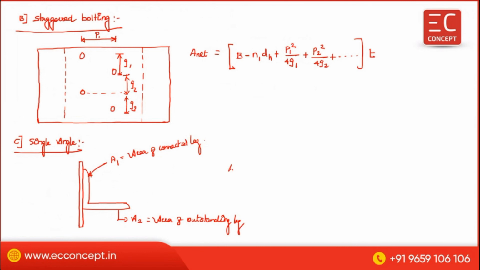So here A net is written as A1 plus K into A2. Now what is K? K is equal to 3A1 divided by 3A1 plus A2. So this is the formula that you have to keep in your mind. Very, very important. Directly they will ask you the formula in the examination.